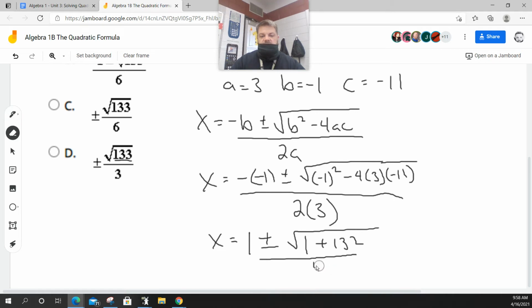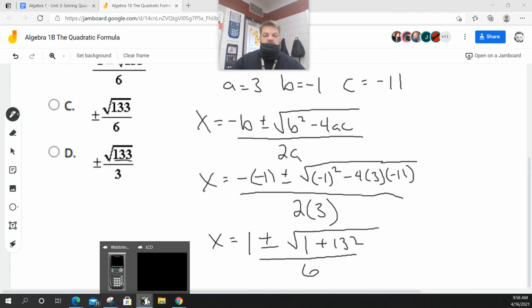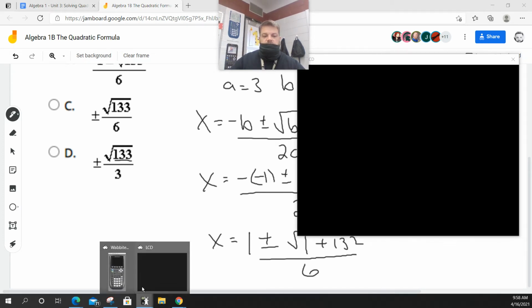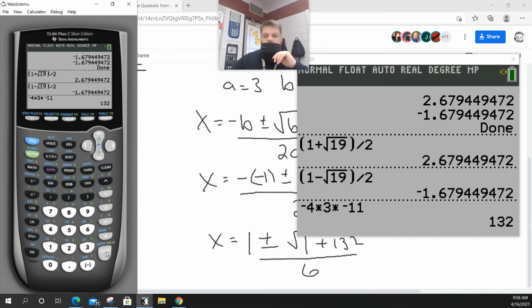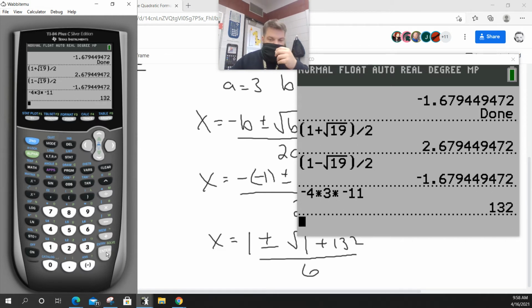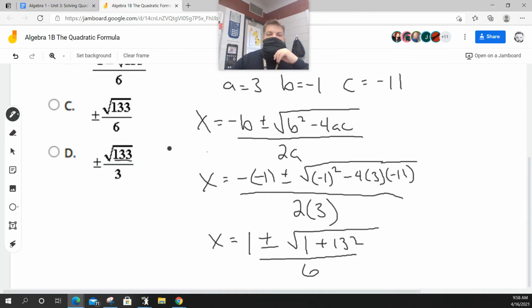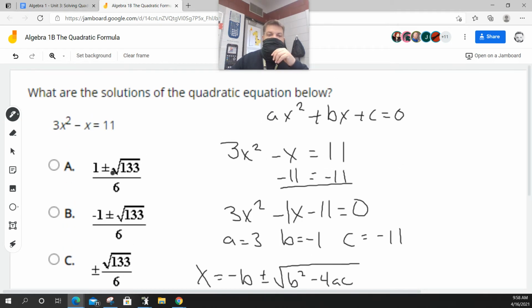So just to verify, you just plug it in your calculator. I would say -4 times 3 times -11. Well, bam with bacon sizzle, it's +132. Now, I know it's a +133.